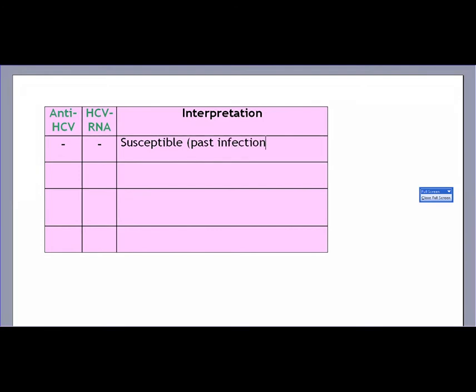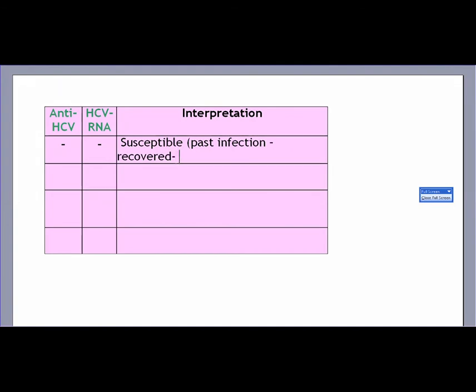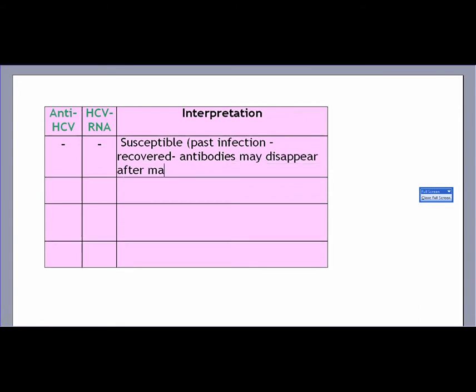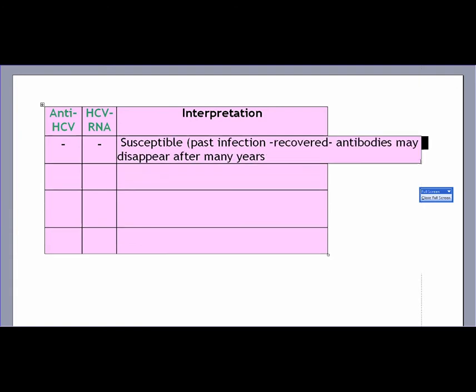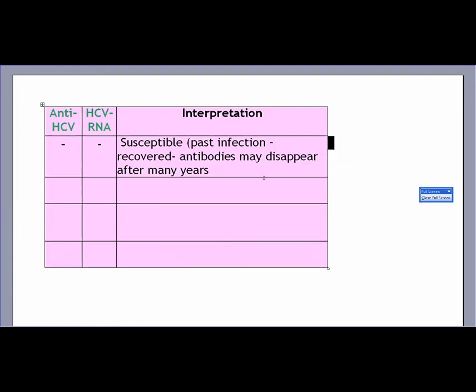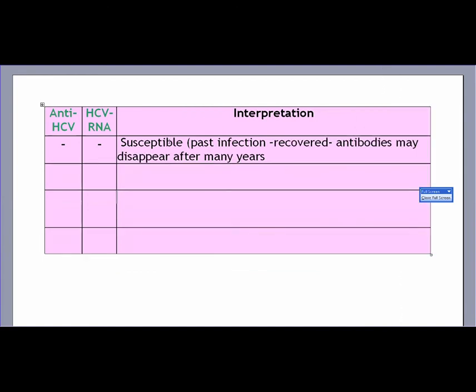Past infection, so recover, because in some of these patients, antibodies disappear after years. So no markers are found. Okay? Typical profile of never infected people, susceptible.